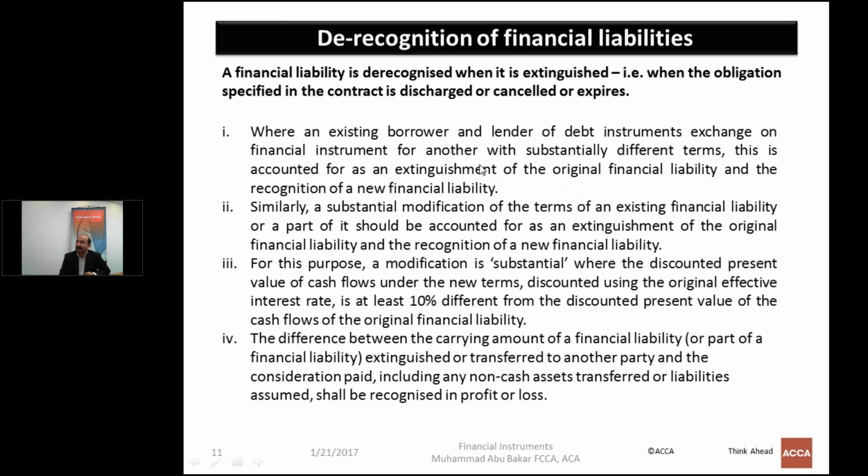In this case, when you enter into a financial instrument with substantially different terms, the first financial liability will be derecognized. Similarly, a substantial modification of the terms of an existing financial liability, or a part of it, should be accounted for as an extinguishment of the original financial liability and the recognition of a new financial liability.